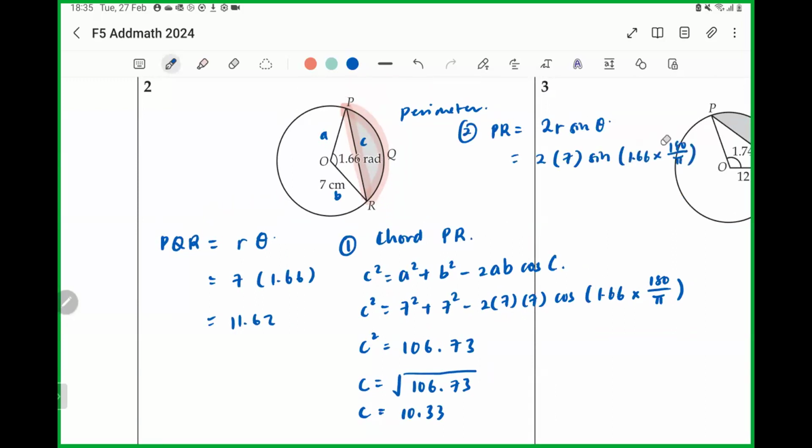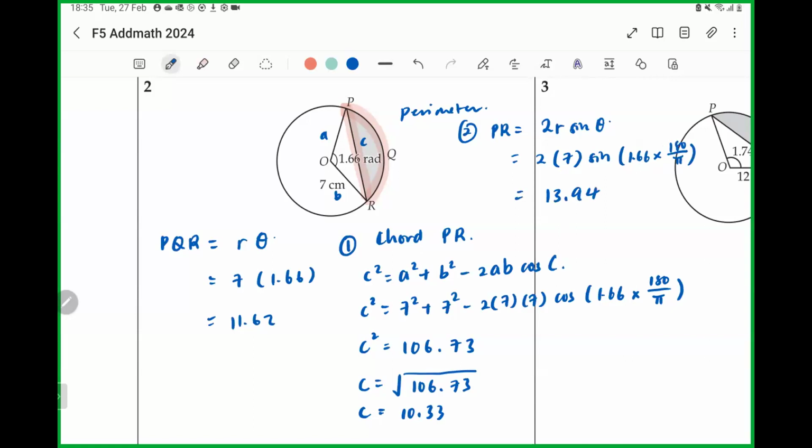You can choose doing it manually in degrees here, or else change your calculator, two ways, same as just now. So 2 times 7 times sine of 1.66 times 180 over pi. Well, 13 point something is not correct. One of it is wrong now.